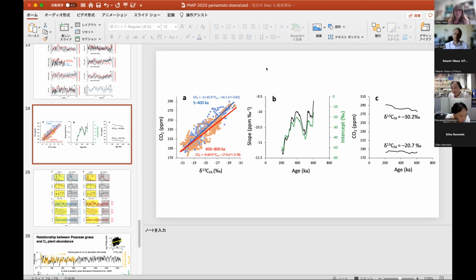But if we go to the high CO2 world, then the calibration will be very, very serious, I want to say. So we need some constraint of CO2 actually, for instance blue ice and also precise boron isotope data, etc.